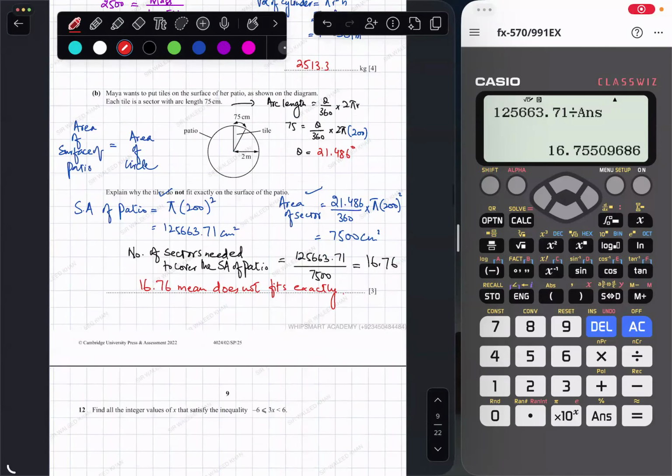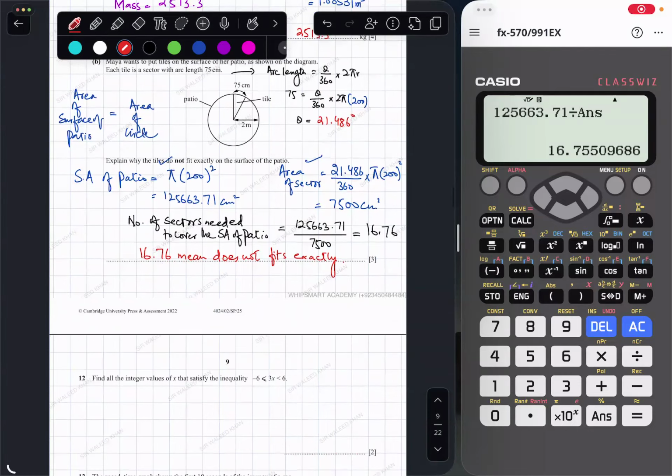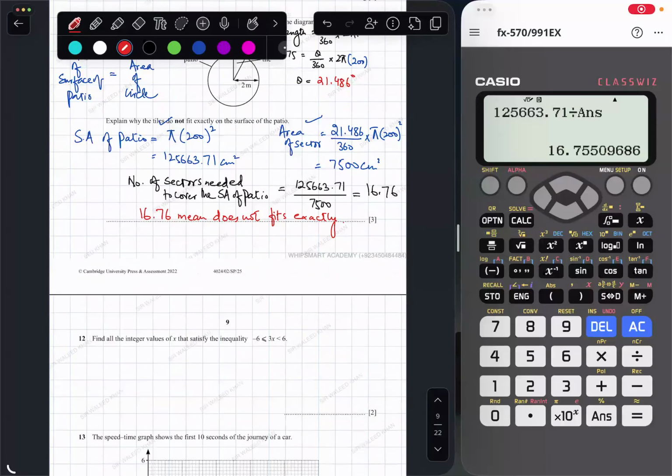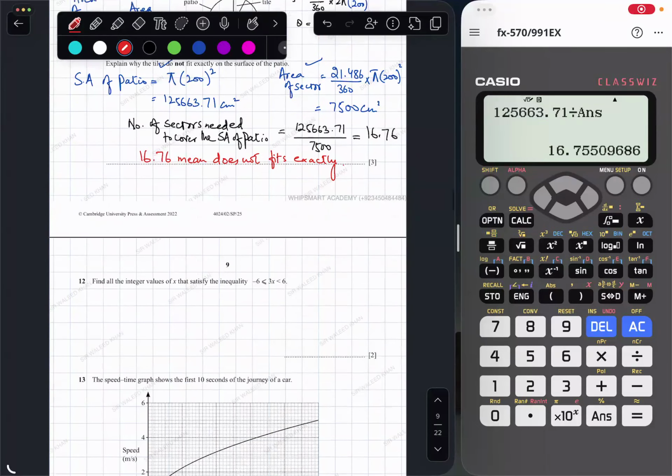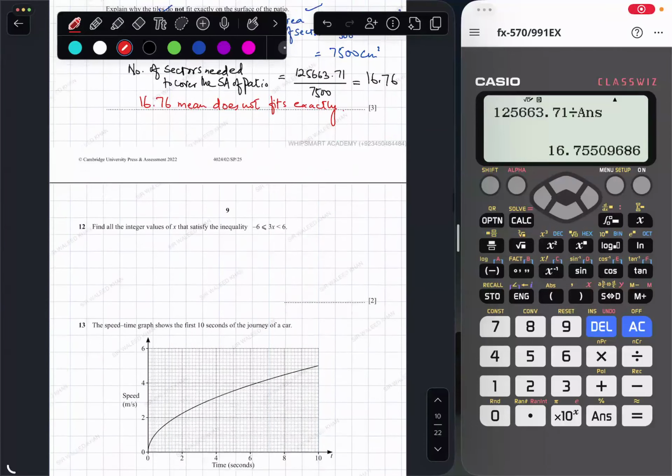Okay. Now, question number 12. Find all the integer values of x that satisfy the inequality.